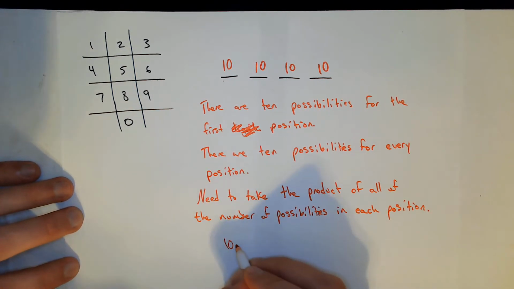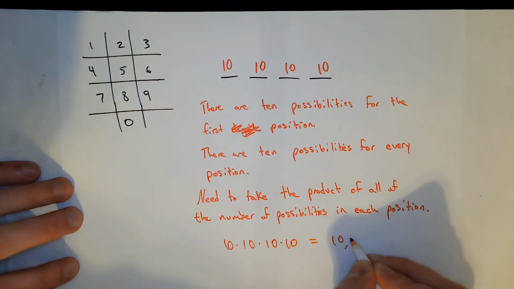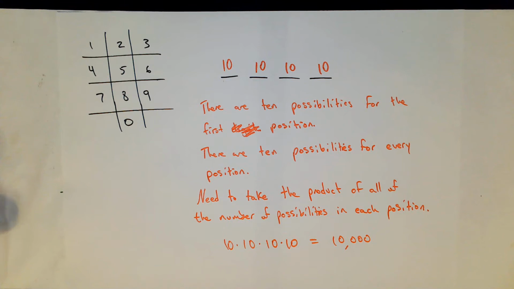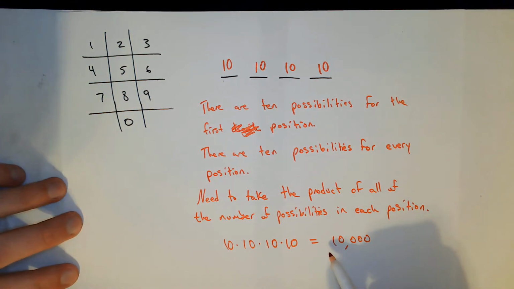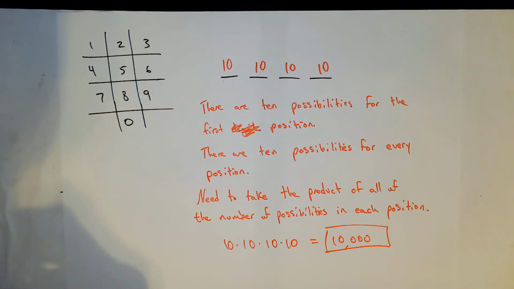In other words, 10 times 10 times 10 times 10, which is 10,000. That's it. That's the size of my sample space. That's how many possibilities there are for a 4-digit lock code, 10,000.